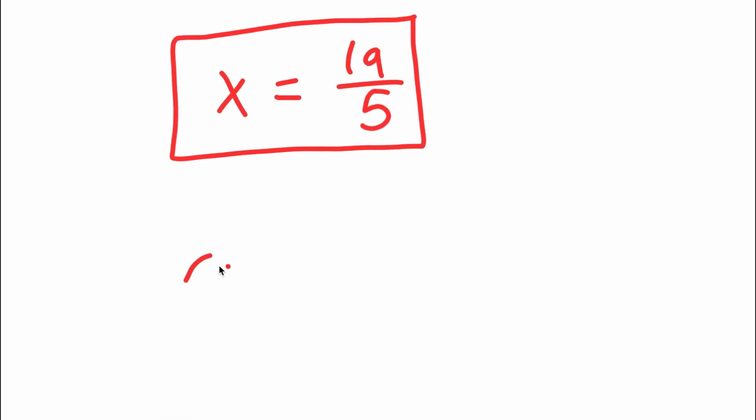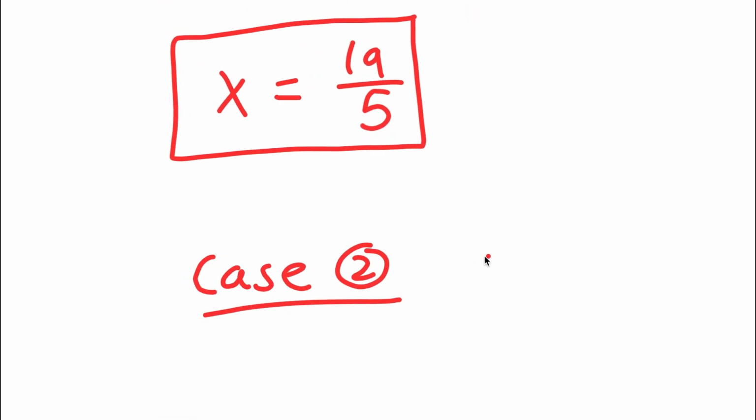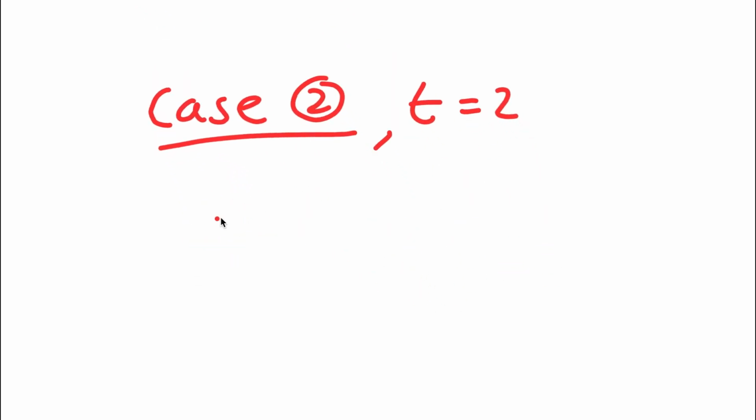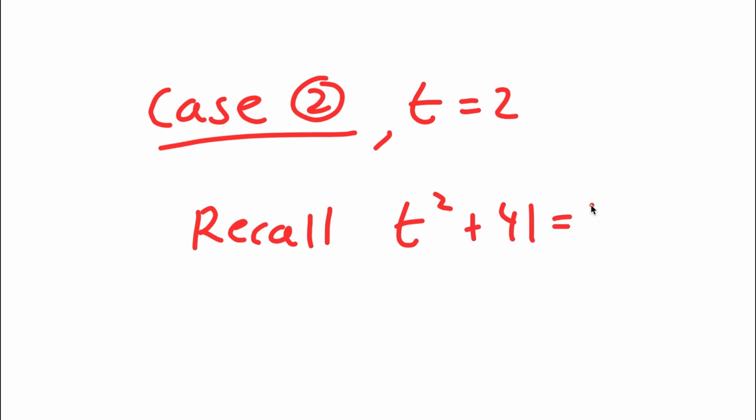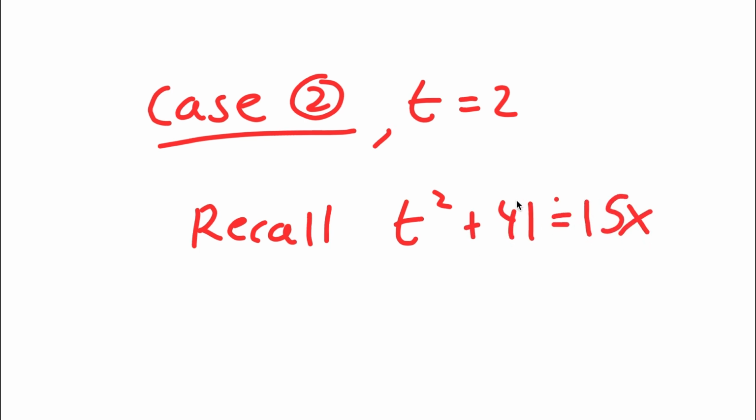Now for case 2, we have t is equal to 2. Again, recall that t squared plus 41 is equal to 15x.